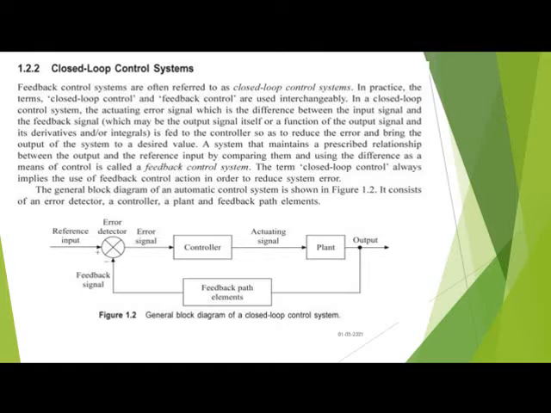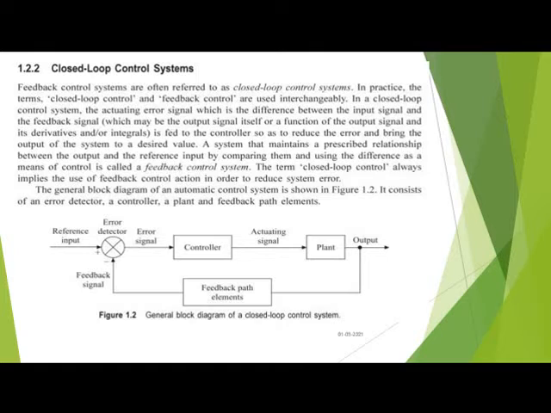In a closed loop control system, the actuating error signal is the difference between the input signal and the feedback signal. This is the difference between open loop and closed loop. The feedback signal may be the output signal itself or a function of the output signal, such as its derivative or integral. Feedback control is used to reduce the error and bring the output of the system to the desired value.